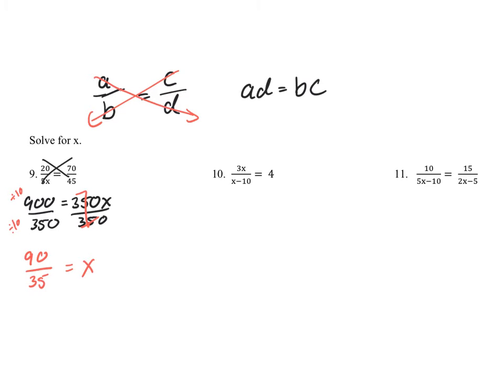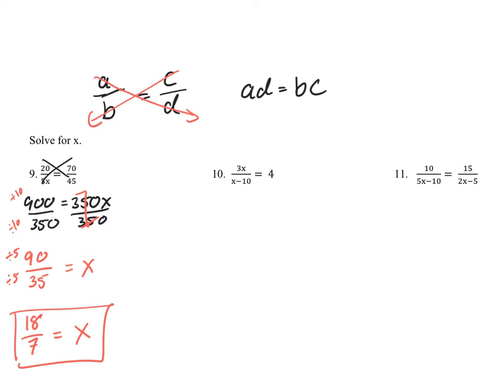We're left with just x. But there we can continue to simplify. You can do a simplification in one step, or you can do it in multiple steps. Here we're doing it in 2 steps because we're not done. Both of these are still divisible by 5. So we'll simplify that. We'll get 18 over 7. At this point, 18 and 7 don't have any common factors, so we are done. And that is our final answer.